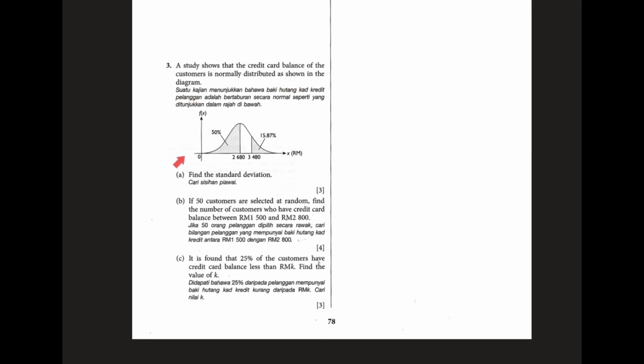So you see this question 3. A study shows that the credit card balance of the customers is normally distributed as shown in the diagram. Find the standard deviation. So how to find the standard deviation then? They give us all this information, which seems not the normal way of asking.